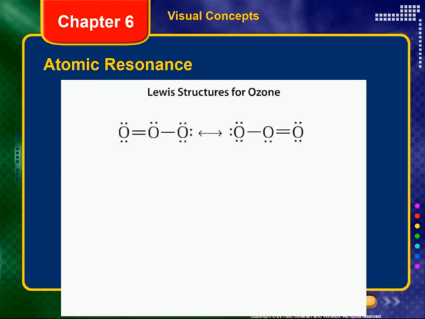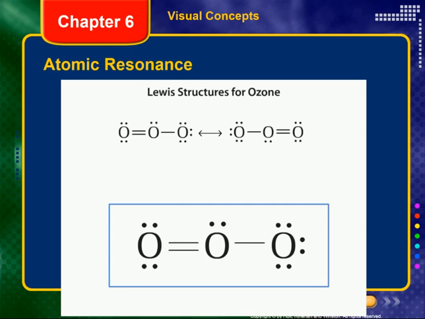Some molecules and ions cannot be adequately represented by a single Lewis structure. At one time, it was theorized that the bonds in molecules like ozone resonated or alternated between single and double bond states. Later investigation proved that the 2 bonds were actually identical.